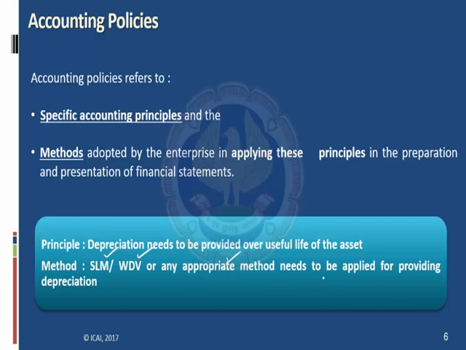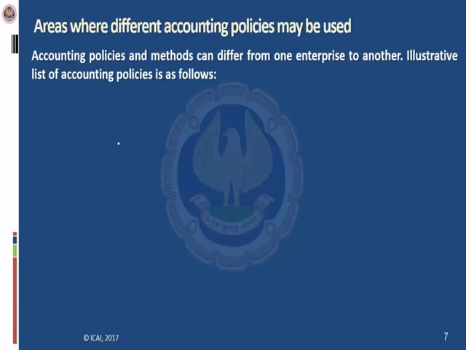So in a nutshell, accounting policy refers to specific accounting principles and methods adopted by the entity in applying those principles in the preparation and presentation of financial statements. Now coming to areas where different accounting policies may be used. In the previous slide we discussed one area, that is valuation of fixed assets.